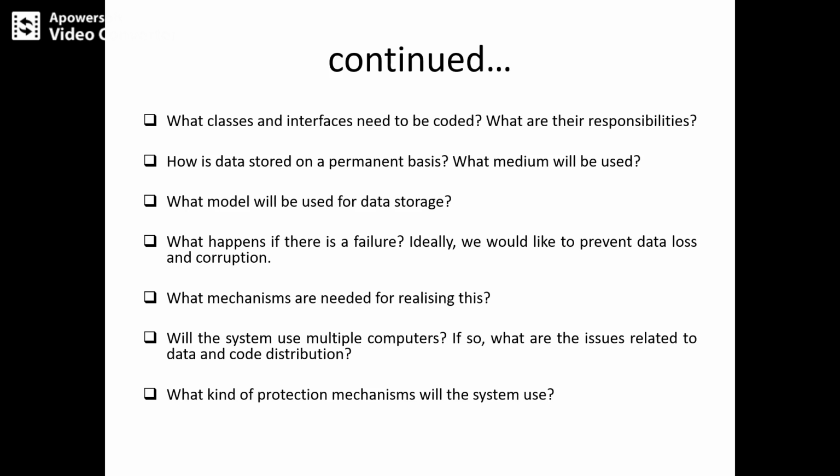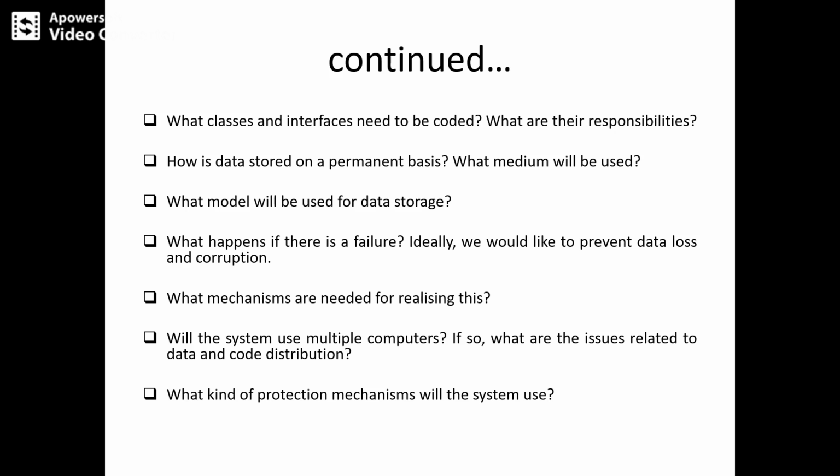Will we use multiple computers? If so, what are the issues related to data and code distribution, and what kinds of computers will be used? We need to answer how to handle the issues related to data or code distribution among the system, particularly in the case of data handling.